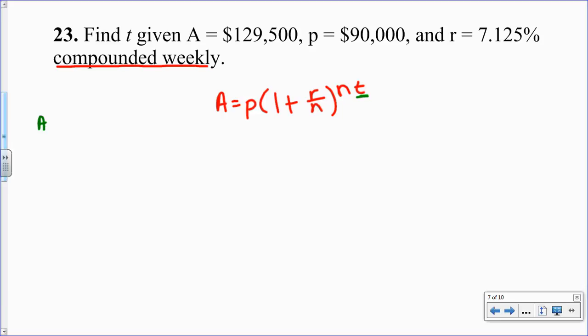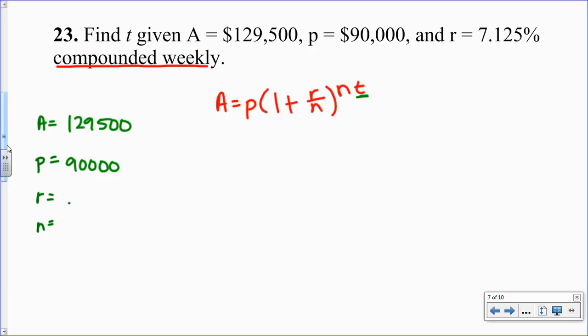So I need A, P, R, and N. A is 129,500. P is 90,000.